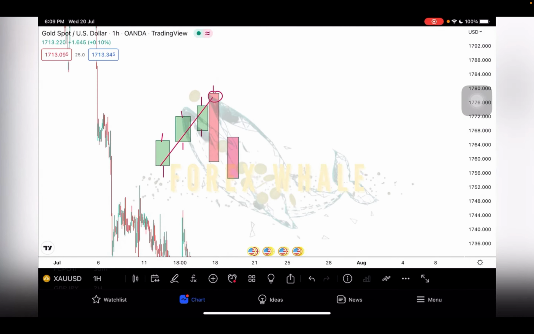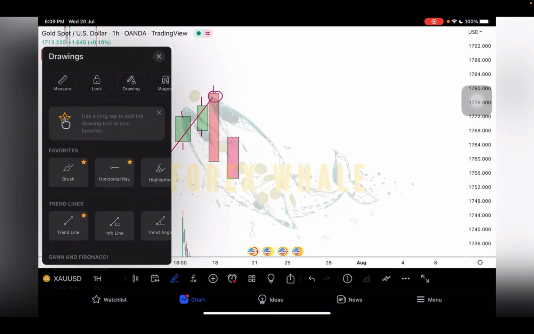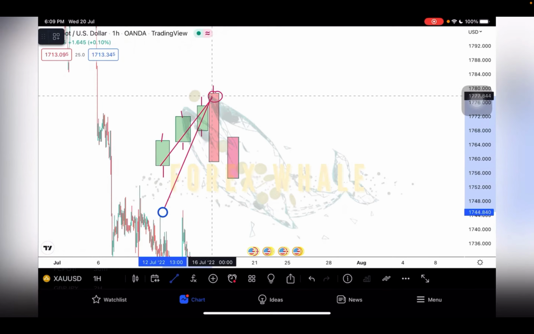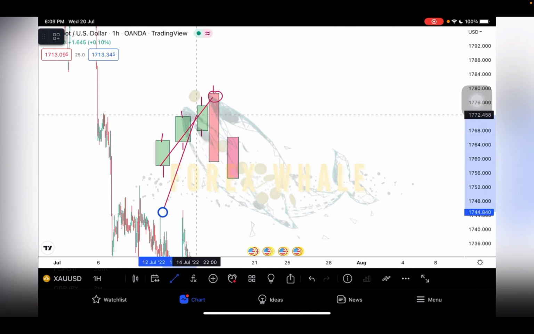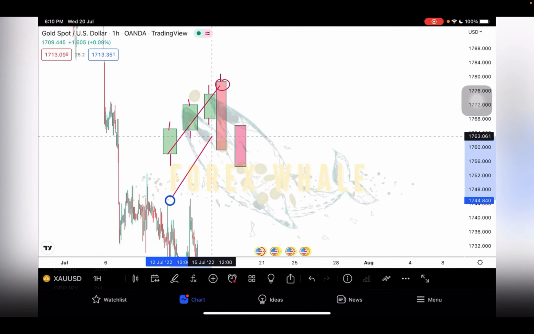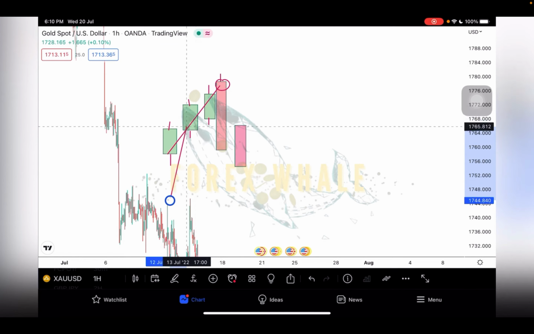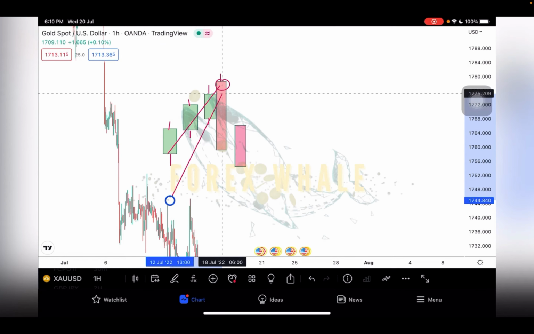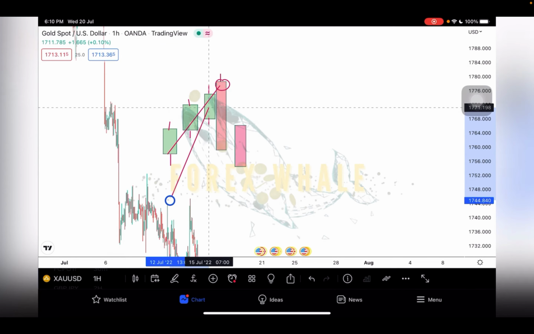Okay, so as you can see, the body, the formation of this engulfing, this bearish candlestick engulfs not just one candlestick that was formed during the previous one, but it also engulfs the second one here. Look, this body is definitely bigger than the previous candlesticks, not just one but two.